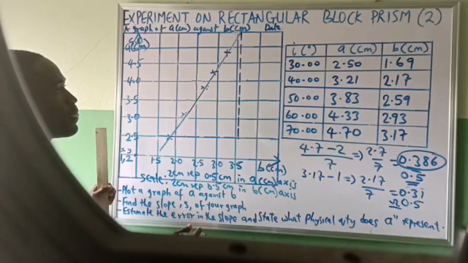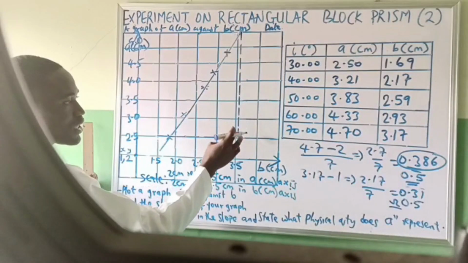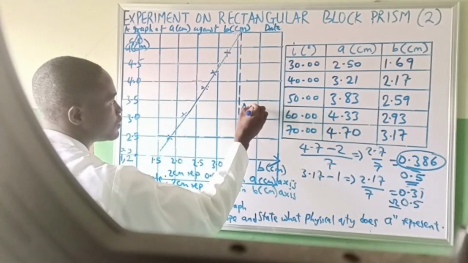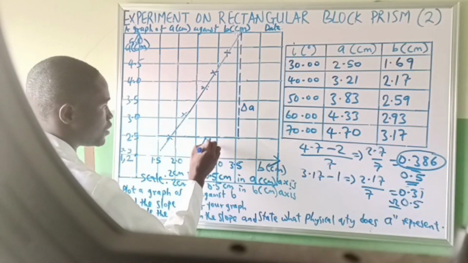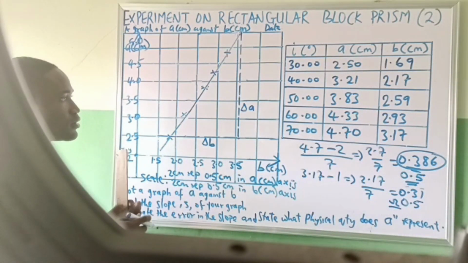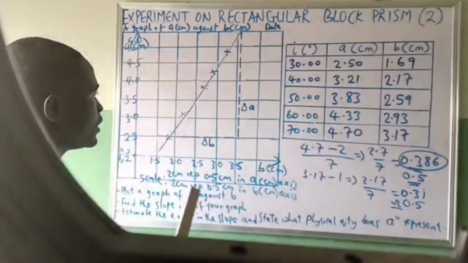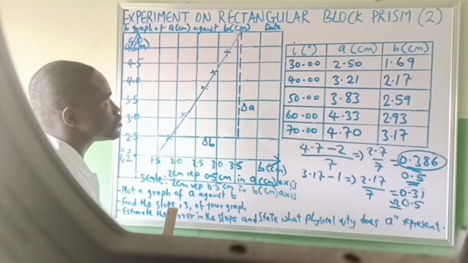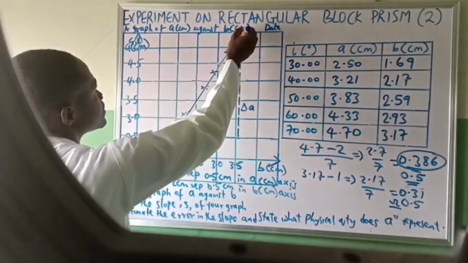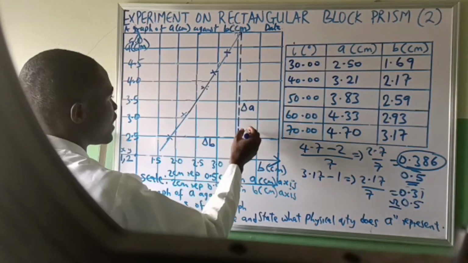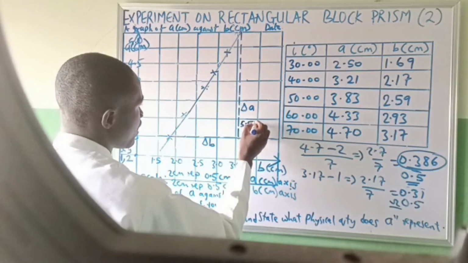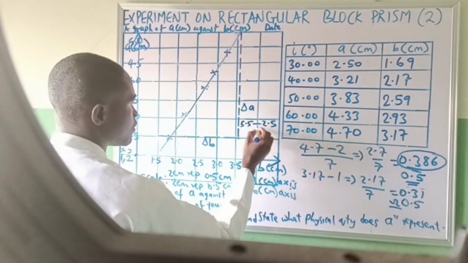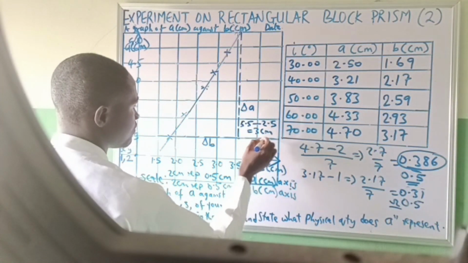Yes. So we have succeeded to locate our triangle. Here we'll be changing A, and here we'll be changing B. Okay? Then next thing is for us to get the final value for your slope. Here is 5.5. 5.5 minus, here is 2.5, which should be giving you 3 cm.